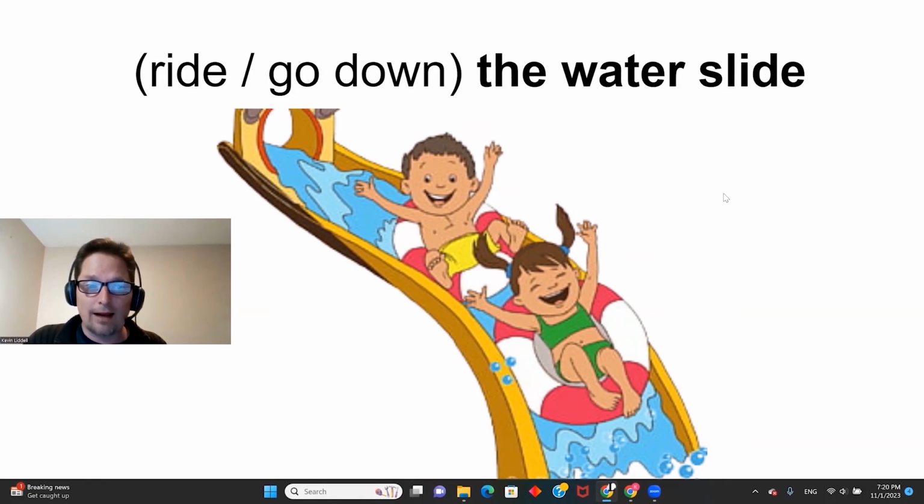Are the kids riding the water slide? That's right. The kids are riding the water slide. Or I can say go down in a continuous form, going down. Are the kids going down the water slide? That's right. The kids are going down the water slide.